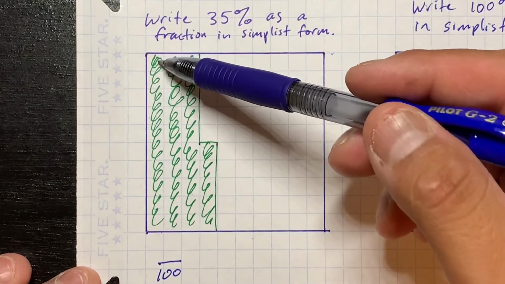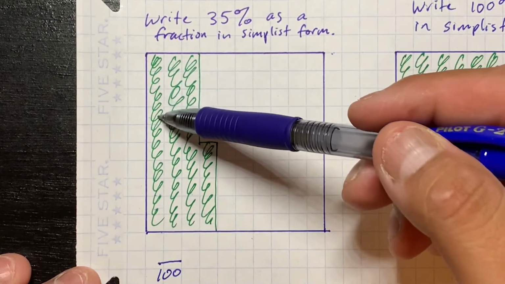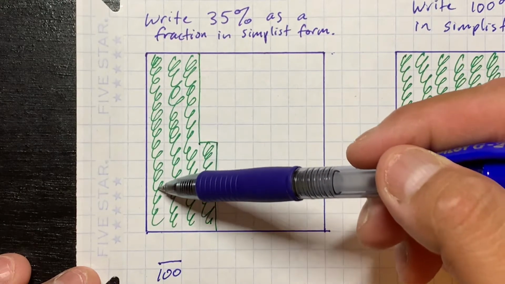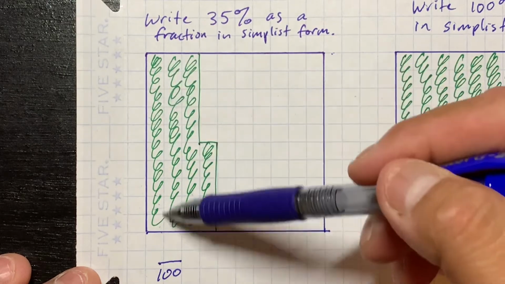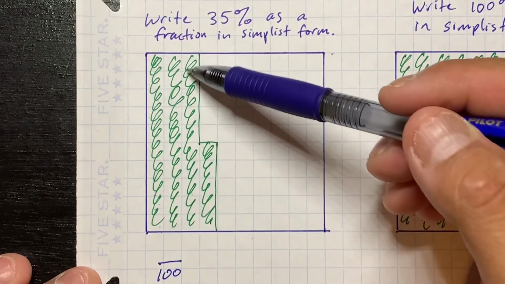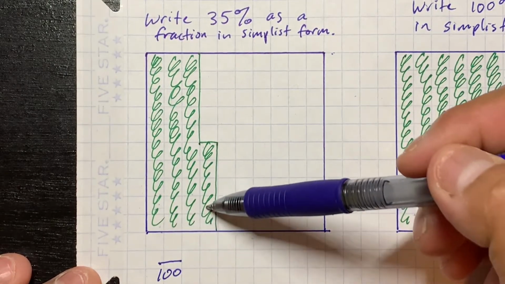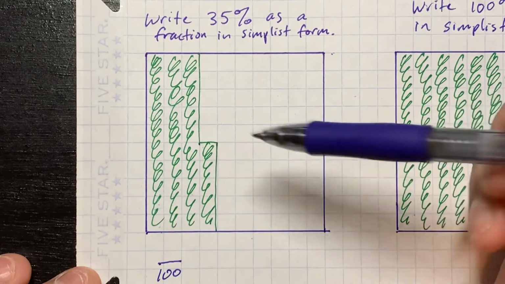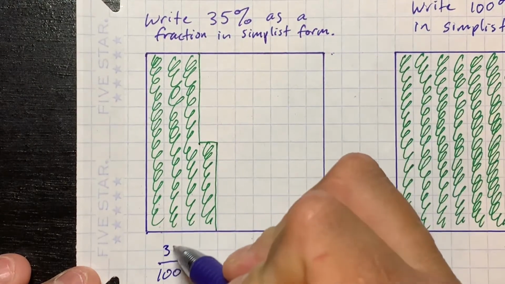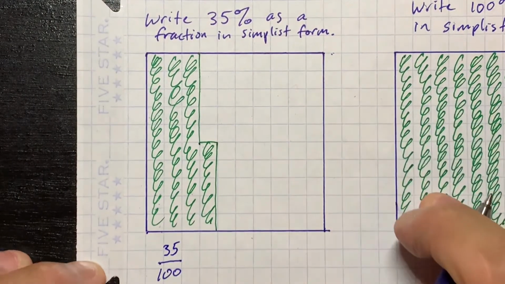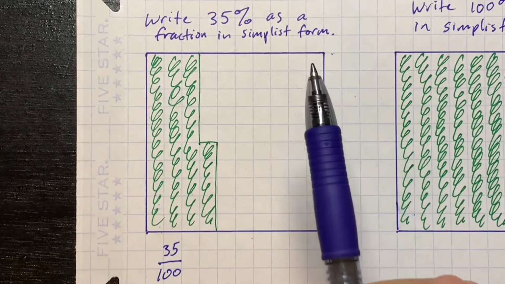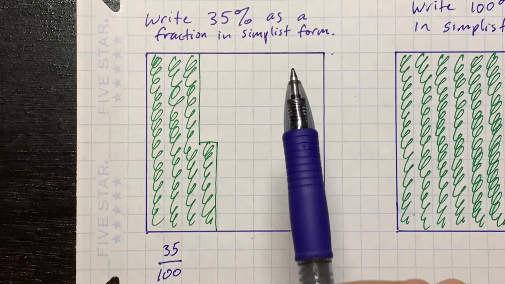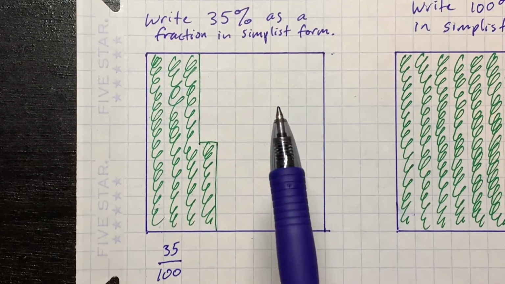So we have 10, 20, 30, 31, 32, 33, 34, 35. 35 total units that are shaded. Again, we're going to write this percent as a fraction, but we have to simplify it.